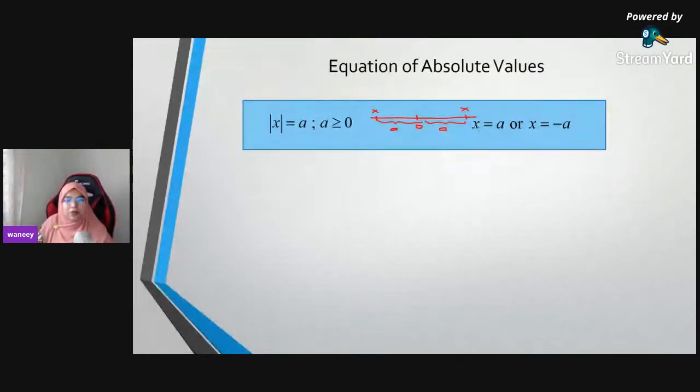So that is why you have x equal to A. If you are going to the left hand side, the value should be negative. So that is why you have x equal to negative A. So bila kita buka simbol modulus, kita akan satu positif, satu lagi negatif. Sekali ulang, buka je simbol modulus, one will be positive, one will be negative.